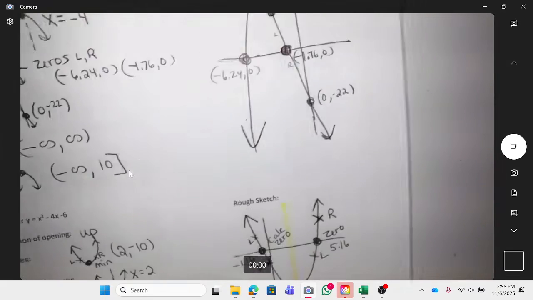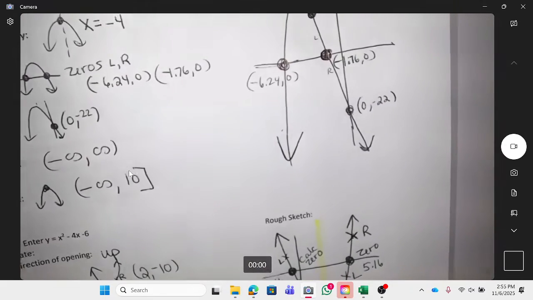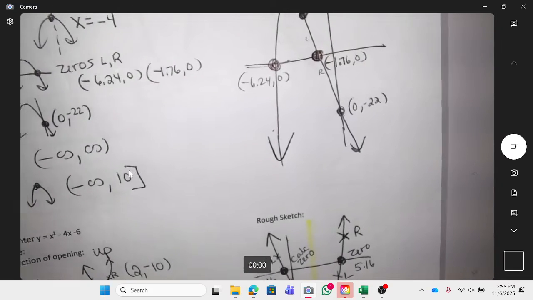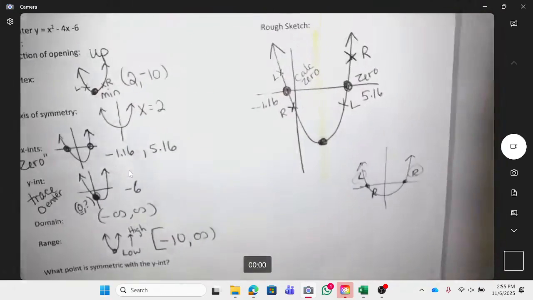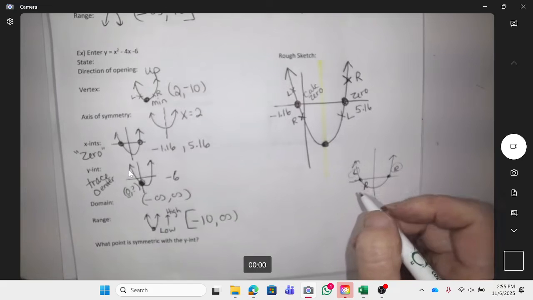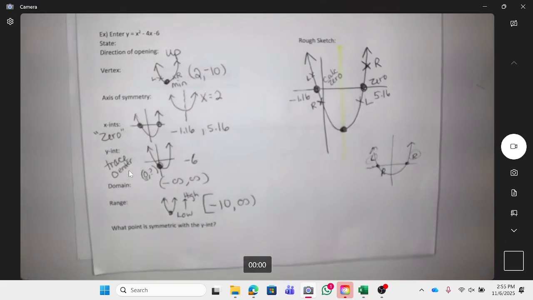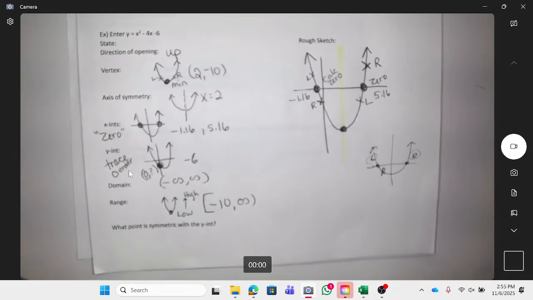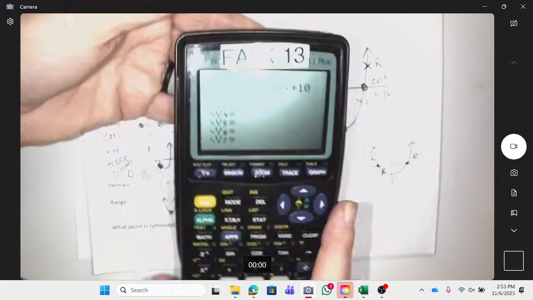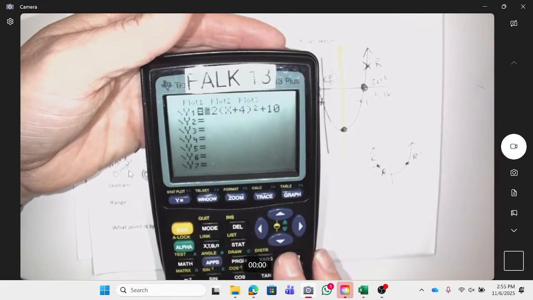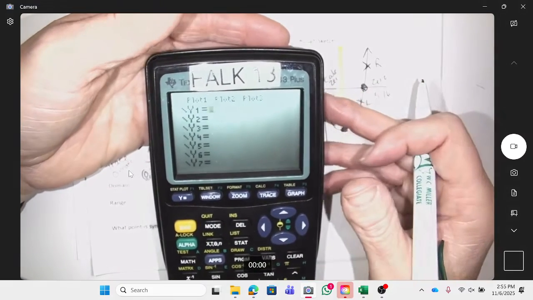Okay, so now we're going to go back to yesterday's question, and we're just going to finish this one thing. It's at the very bottom. Okay, so we are going to have to re-enter it. We're going to go to our y equals menu, and we're going to clear.